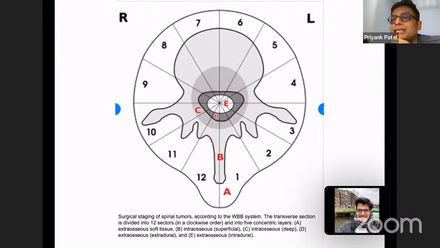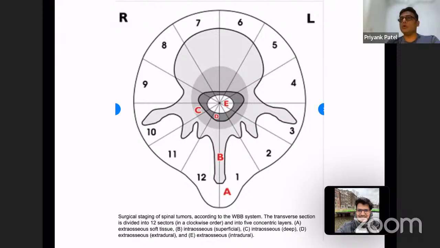For example, let's say you have a lumbar spine tumor and that tumor is in the area of 5, 6, 7, 8. So it's a pure anterior tumor in the lumbar spine. Now you want to do an en bloc spondylectomy. How are you going to remove it? There, the WBB tells you that you go from the posterior aspect and remove the posterior elements.